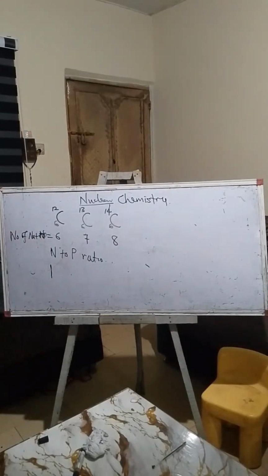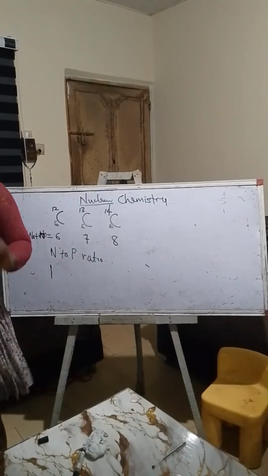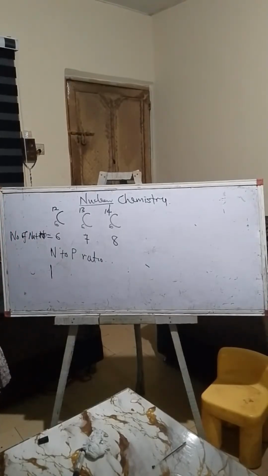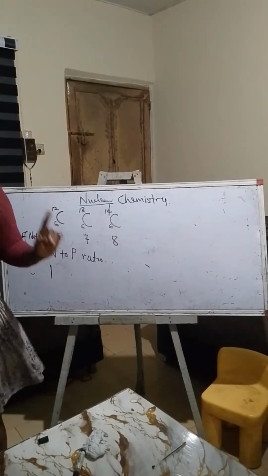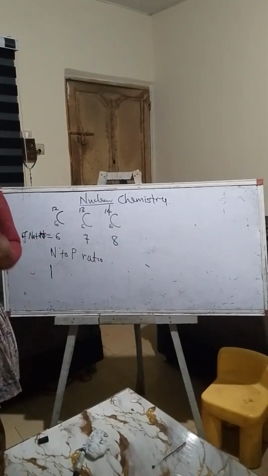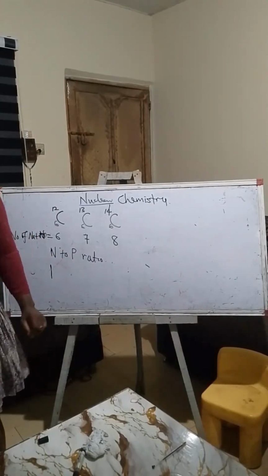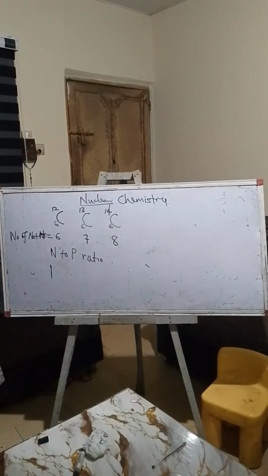It is the neutron proton ratio that tells us if an element is stable or not. Now if the neutron proton ratio is equal to 1, it means what? It is stable. But if it is greater than 1, it means it is not stable. So let's do the mathematics.